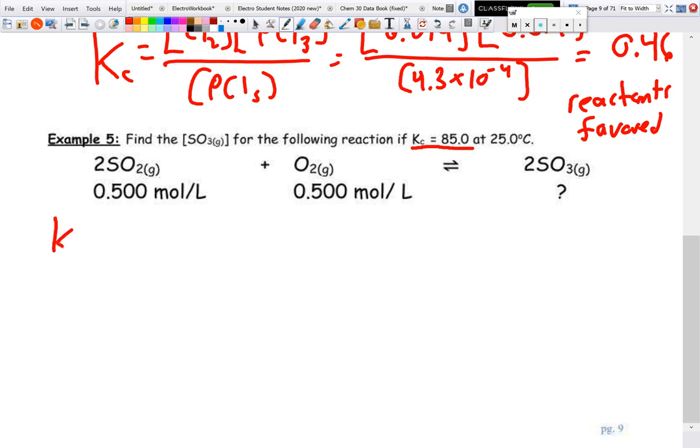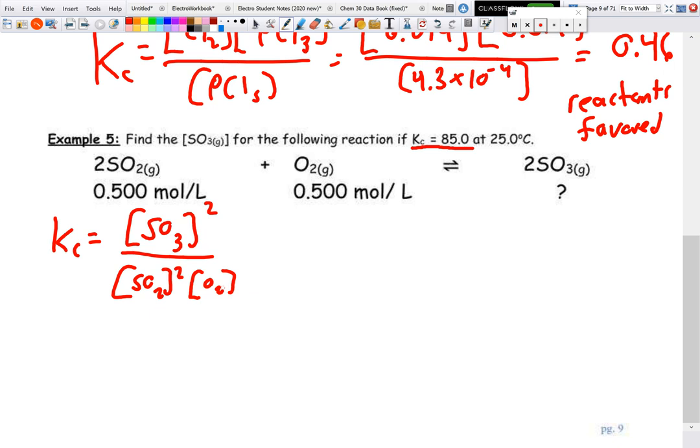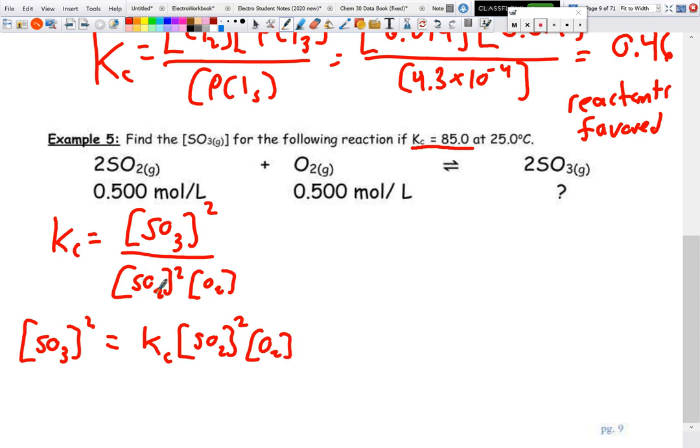So the equilibrium constant, we got SO3 squared over SO2 squared times O2. So of course we do need to rearrange and solve for SO3. So in order to do that, we're going to get this. Right, algebra. In order to get rid of the SO2 squared and O2 down here, I need to multiply. Of course, when I multiply one side of the equation, I need to do the other one, and we get that.